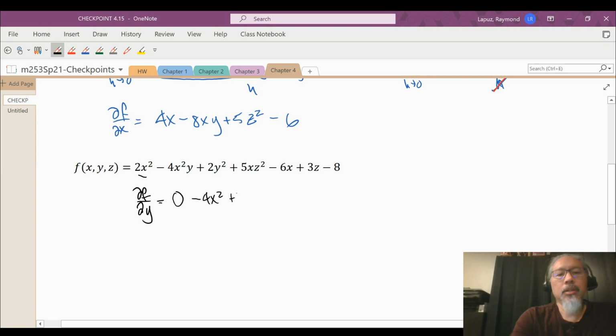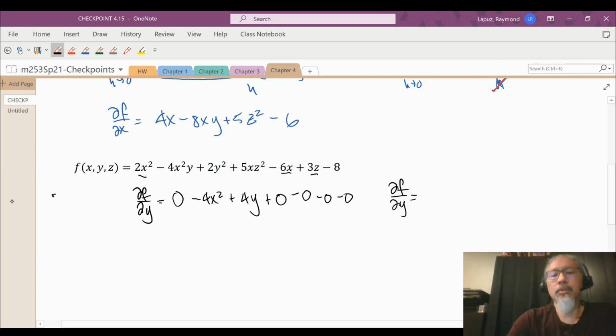And the next term will be a 4y to the first power. 5xz squared is constant with respect to y. That's also gone. Negative 6x is also a constant, and this is a constant, and then we have a constant. So our partial of f with respect to y simplifies to negative 4x squared plus 4y, and that's it.